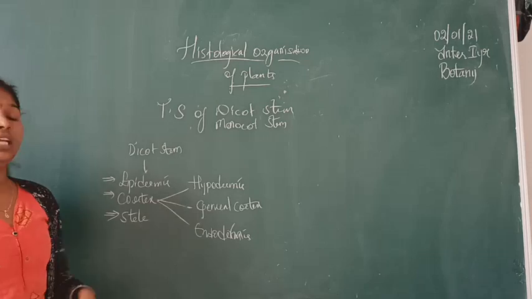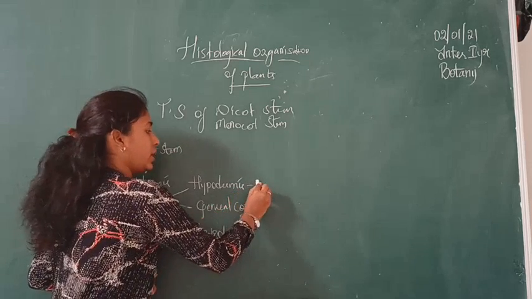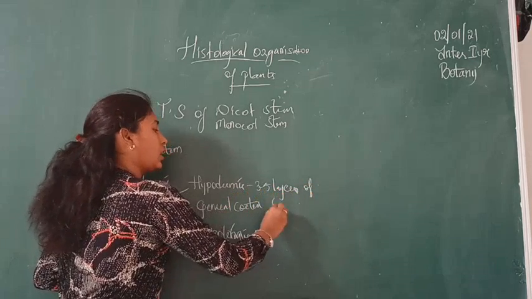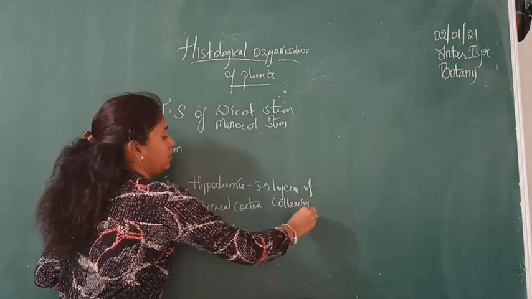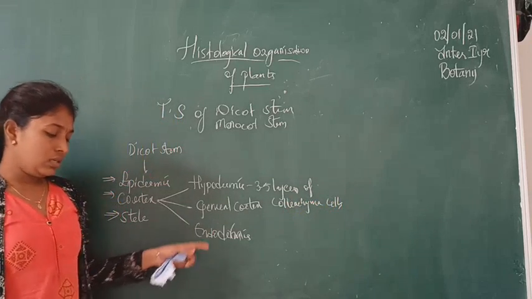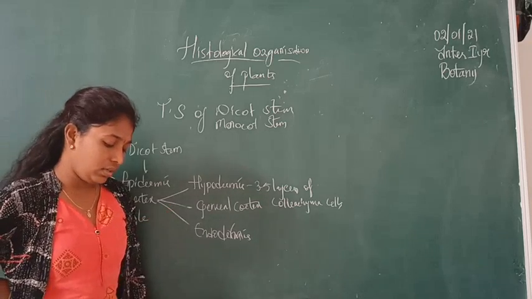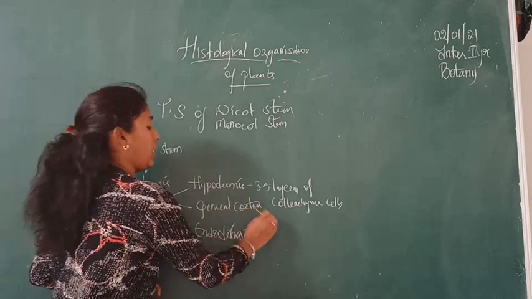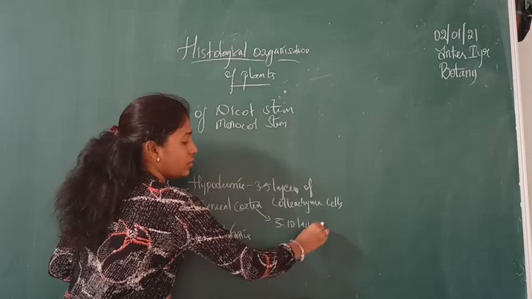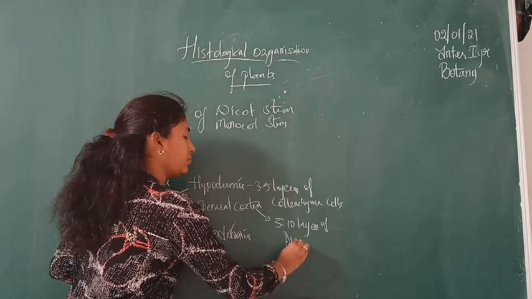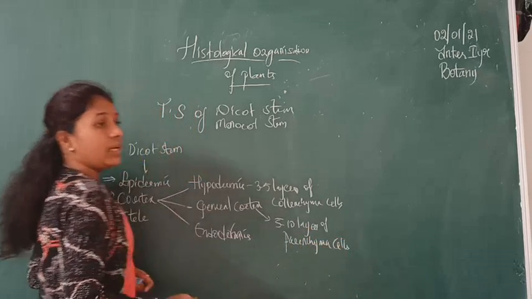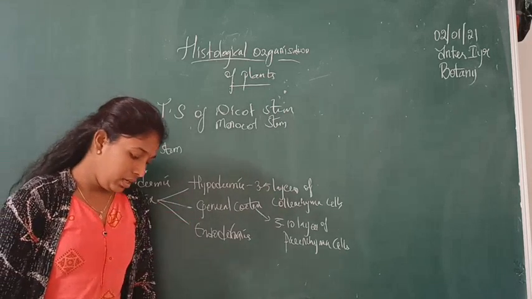Next we move on to the general cortex. It is made up of 5 to 10 layers of parenchyma cells.